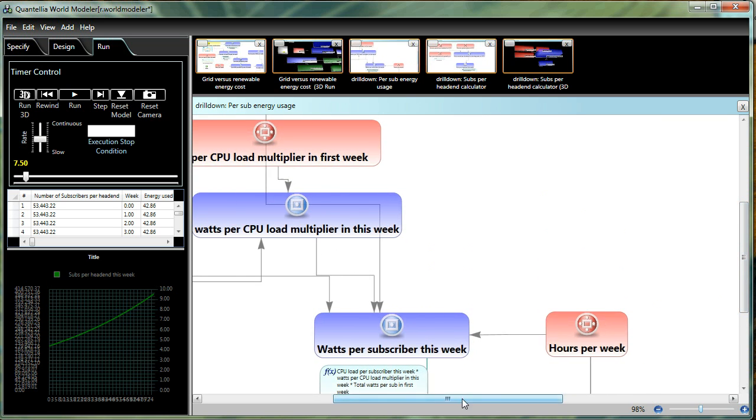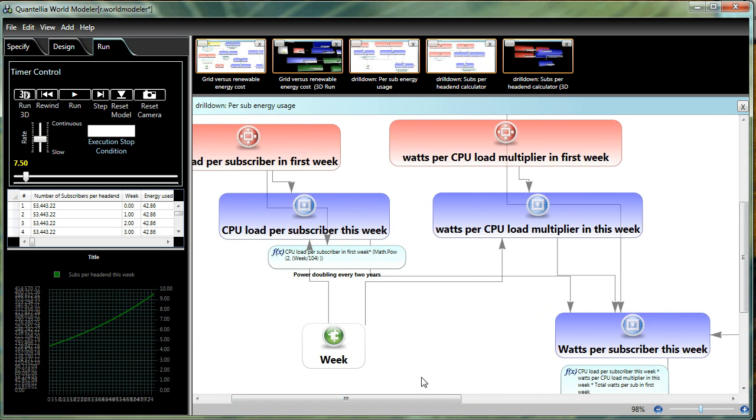Now, watts are kind of interesting here because they're measured using two factors that kind of counteract each other. Number one is, according to our projections, subscribers are going to get increasingly thirsty for CPU power, for more video channels, for more sophisticated equipment to support broadband and video on demand and other services. So the CPU load, the compute power per subscriber, those requirements we anticipate are going to go up over time.